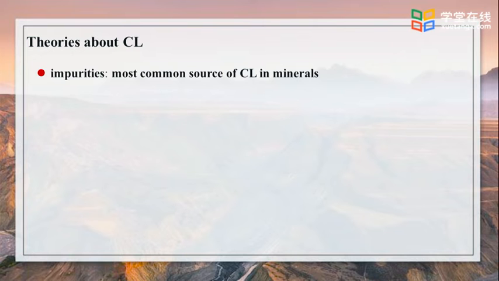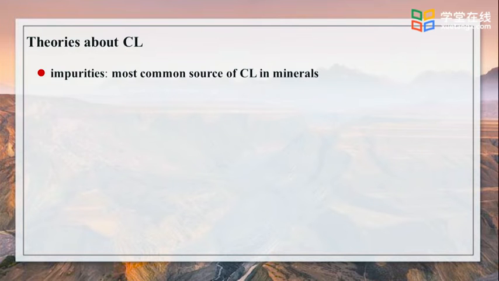Many minerals emit cathodoluminescence, including diamond, quartz, zircon, and calcite, and so on. Localized energy levels in the gap between valence and conduction bands arise from lattice defects. Interstitial ions or substitutional impurity atoms often play an important role in the emission.